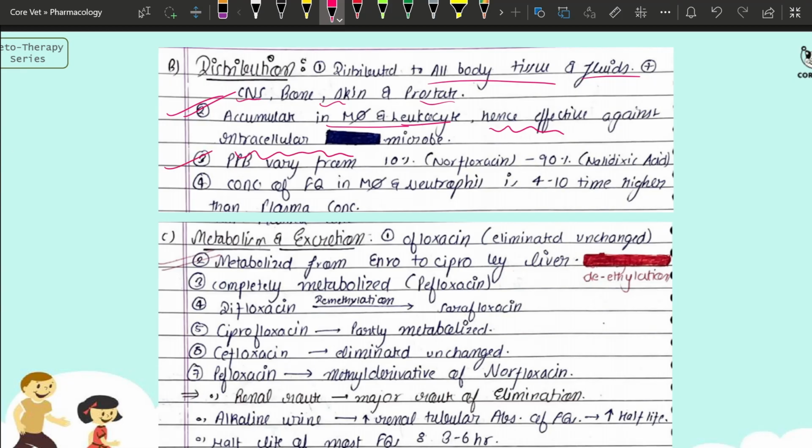The plasma protein binding affinity varies from 10%, which is for the norfloxacin, to 90%, which is for the nalidixic acid. Nalidixic acid is quite famously used in the UTI infections also, right? If we talk about the concentration of the fluoroquinolones in the cells like macrophages and the neutrophils, it is 4 to 10 times higher than the plasma concentration. Means they are quite concentrated inside the cells.